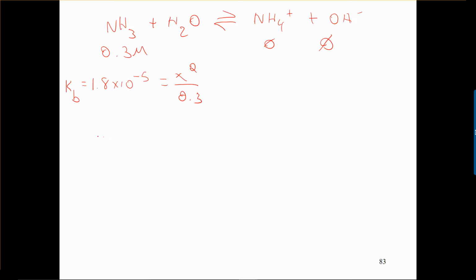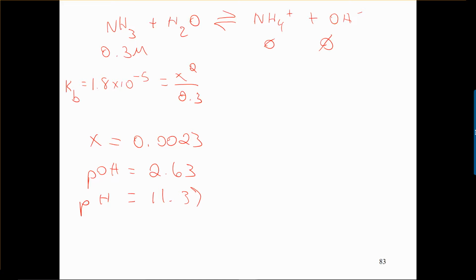So my x equals what? I take the negative log of that, and my pOH is equal to 2.63, and so my pH is equal to 11.37.